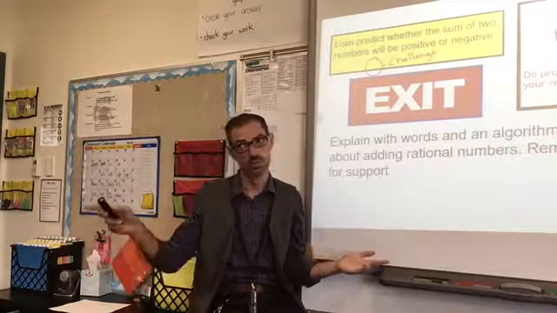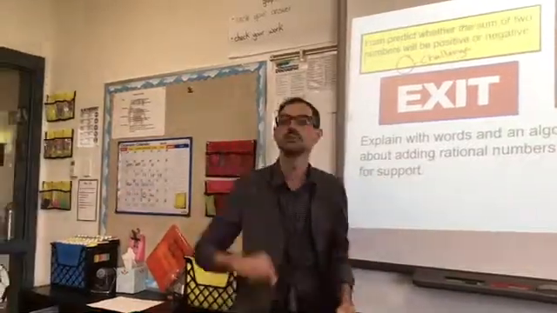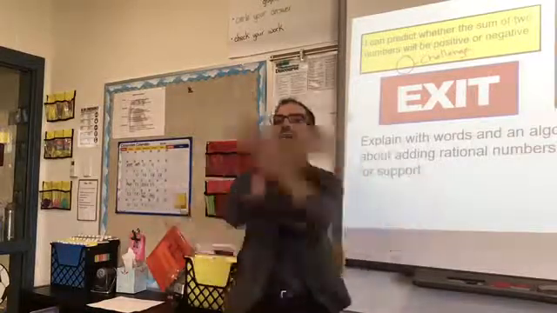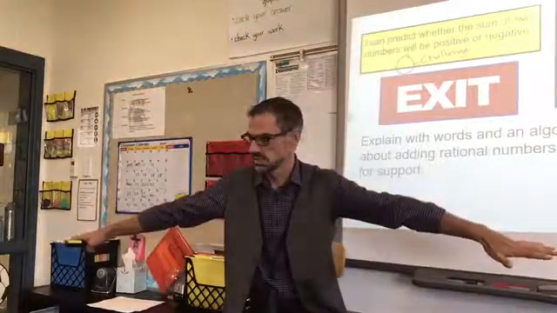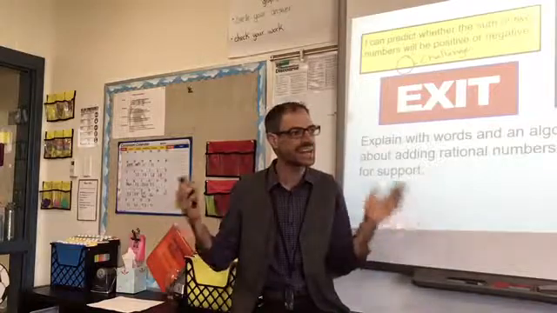It makes things bigger. Not necessarily. Yes, you could change the two numbers. I can add in any order I want. That's a huge thing. You can add in any order.